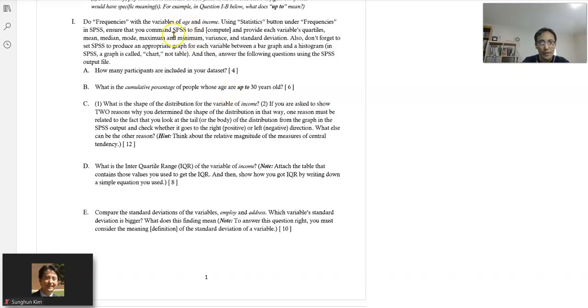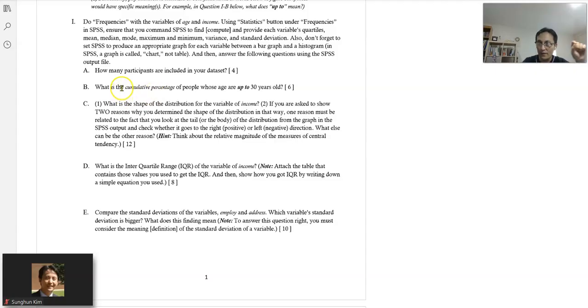First, I ask you to analyze the age and income variables as we've done in the training session, using frequencies. So read these through. What you have to do is the same as what we've done in the training video. Now, you have to find out the total number of participants included in your data set.